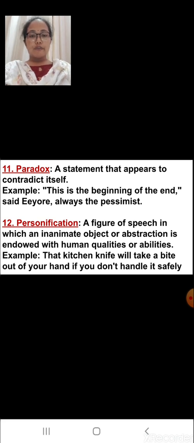It is a figure of speech in which an inanimate object or abstraction is endowed with human qualities or abilities. For example, "That kitchen knife will take a bite out of your hand if you don't handle it safely."